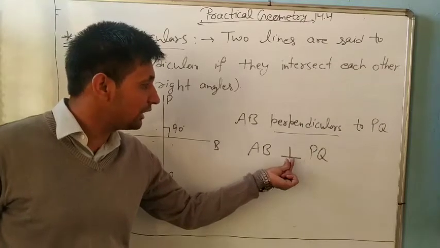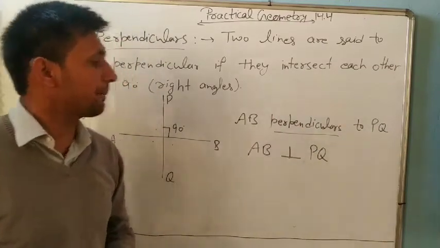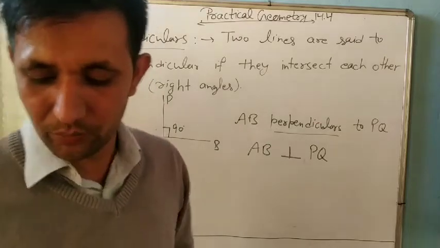You will see this symbol in any question, and it means perpendicular. AB perpendicular to PQ. Understand?